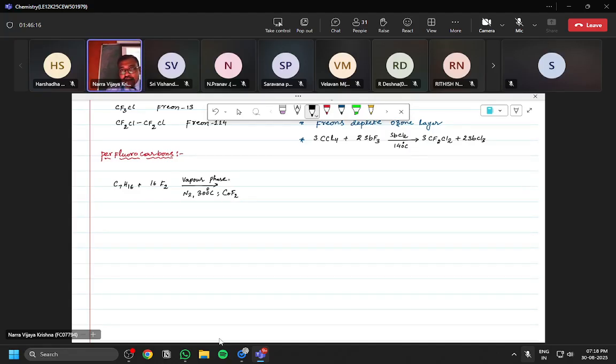Then all hydrogens are replaced by fluorines. So we can write C7F16. So this is called perfluoroheptane.